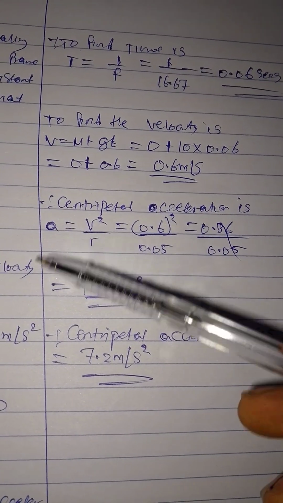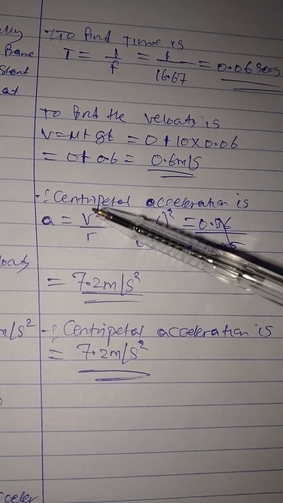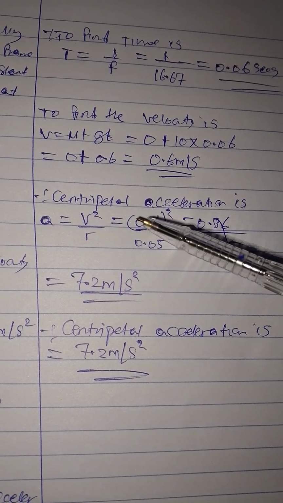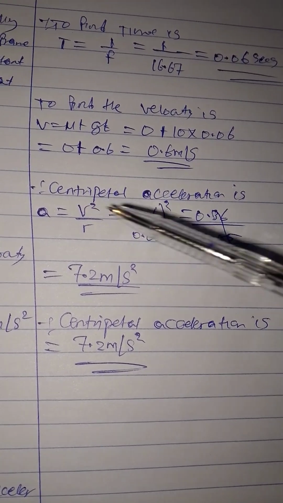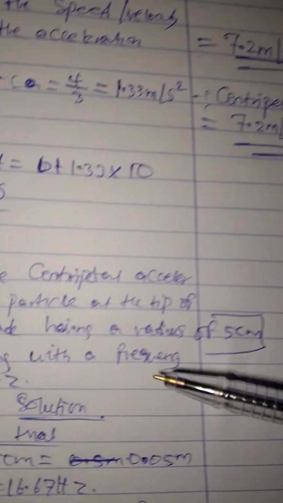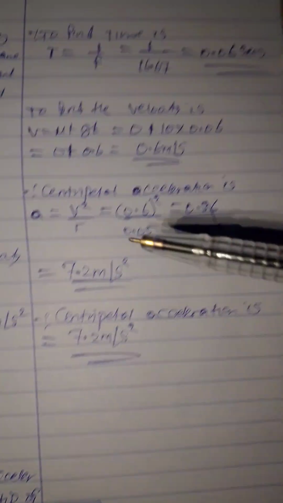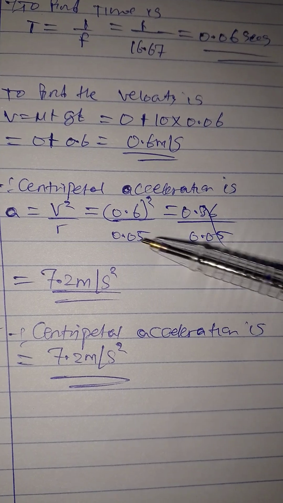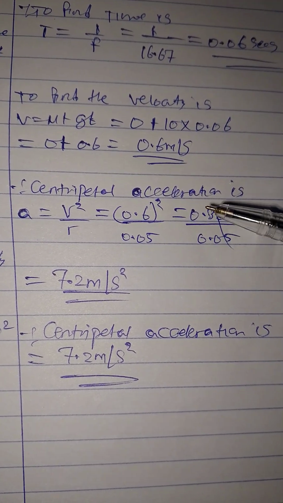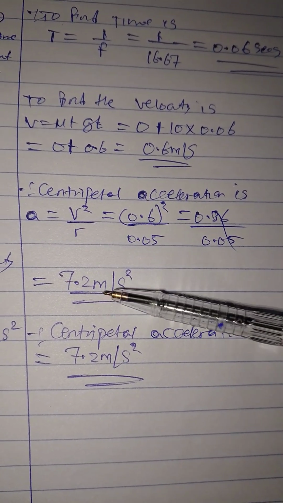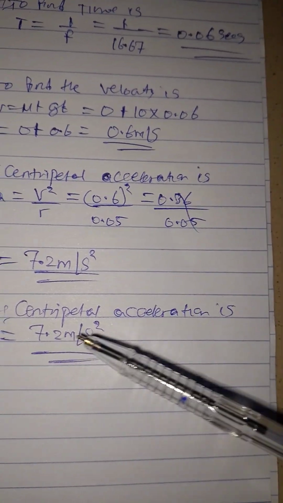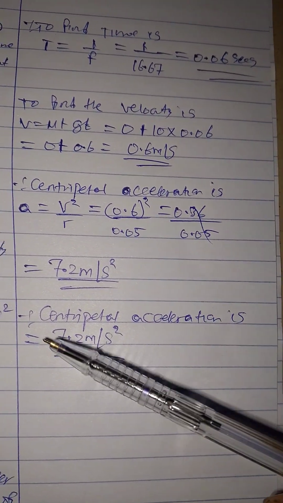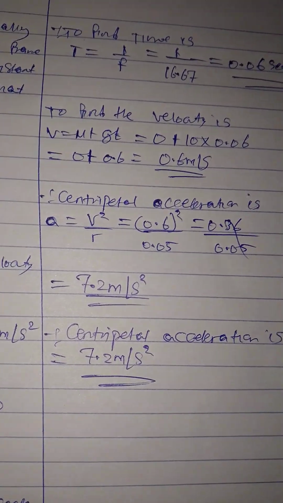The formula for centripetal acceleration is v squared over r, which is 0.6 squared over my radius 0.05. This square gives 0.36 all over 0.05, and dividing gives 7.2 meter per second squared. So my centripetal acceleration is 7.2 meter per second squared. That's the final answer.